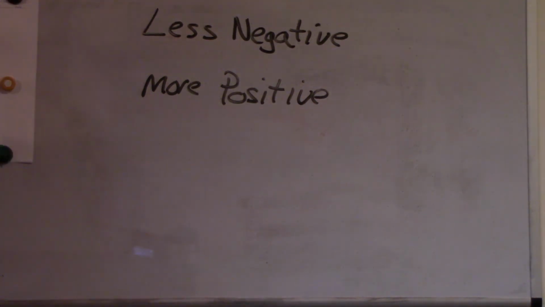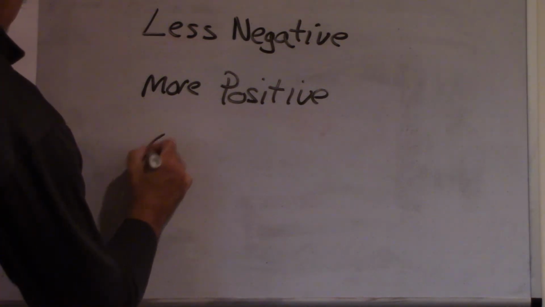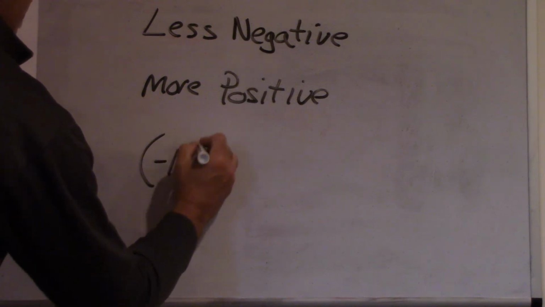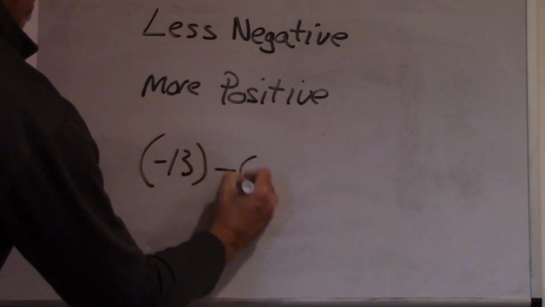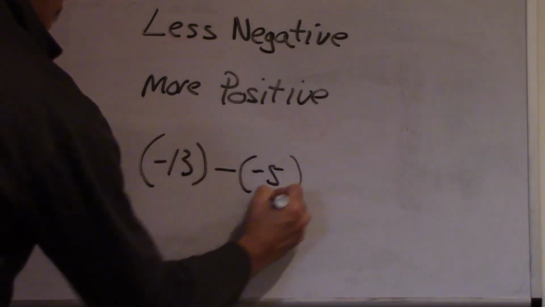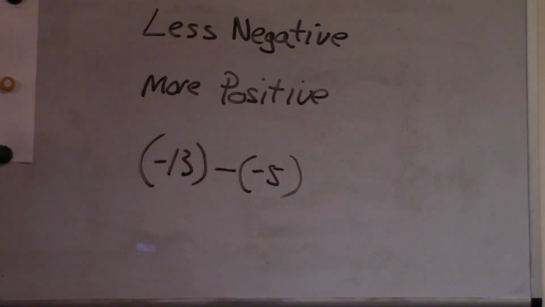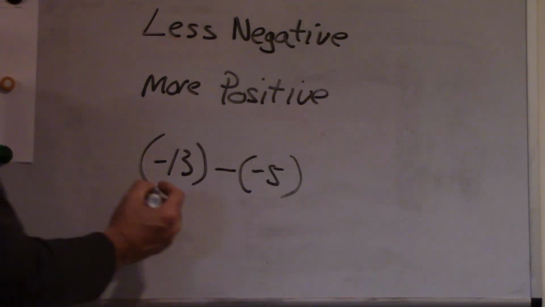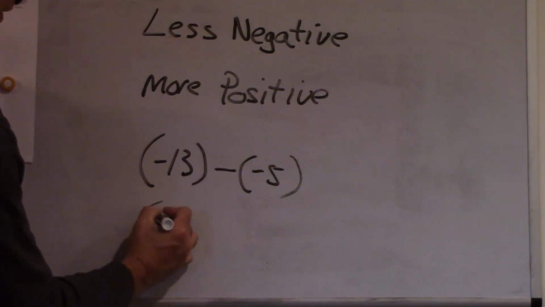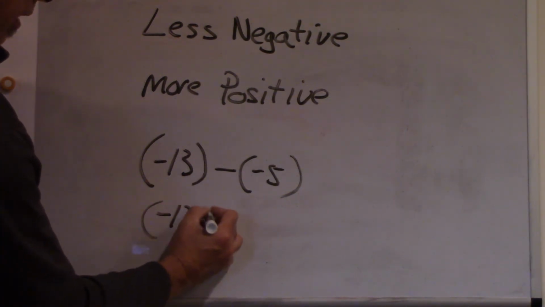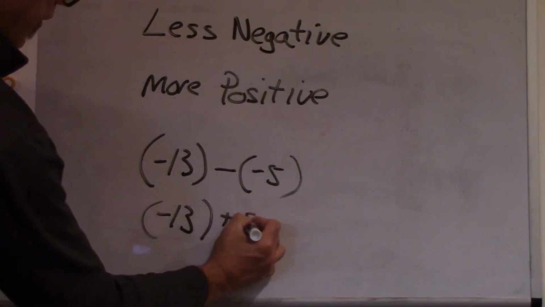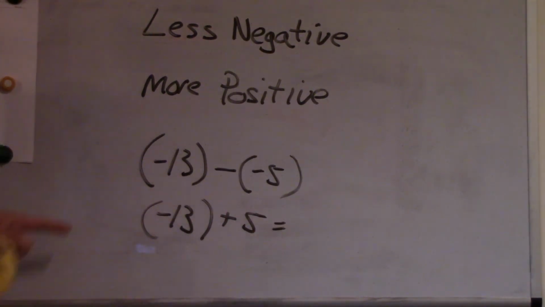Okay? Let's see, how about a negative 13 minus a negative 5. Negative 13 minus negative 5. We're going to make it less negative. It's going to be negative 13 plus 5. Absolute value is 13 and 5.